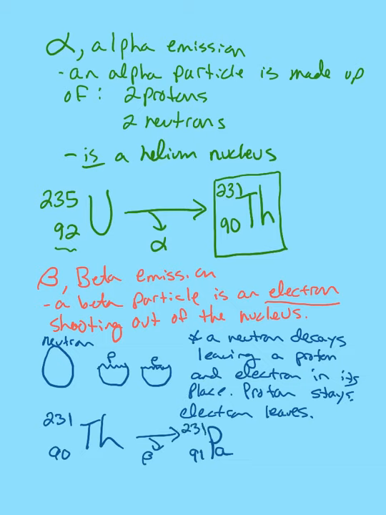Now, sometimes people ask, well, shouldn't there be a charge because of the electron? This is nuclear chemistry right here. When you write an isotope symbol like this and do these decays, we're just looking at what's going on in the nucleus. So you get protactinium-231, 91 Pa.